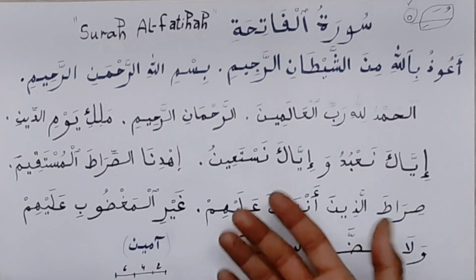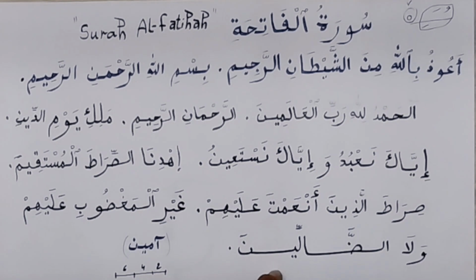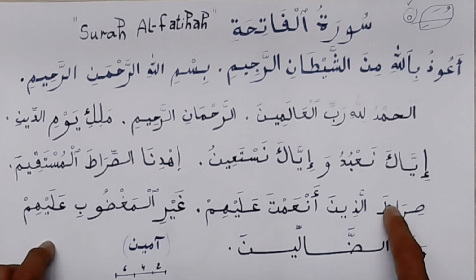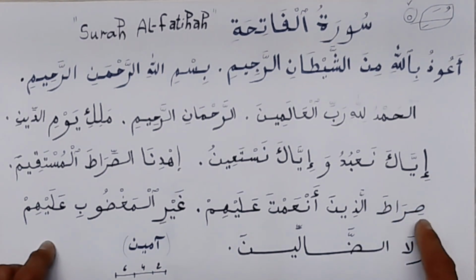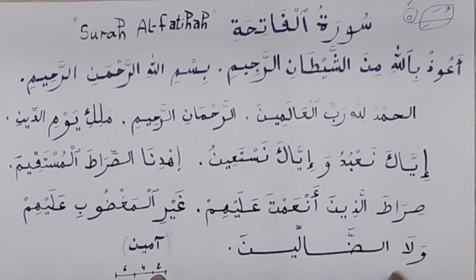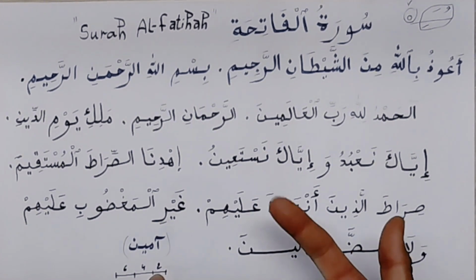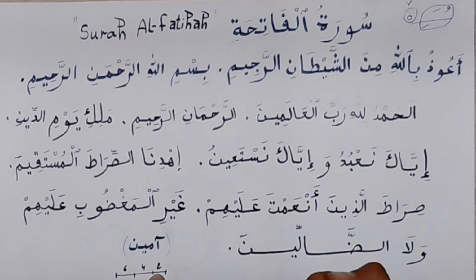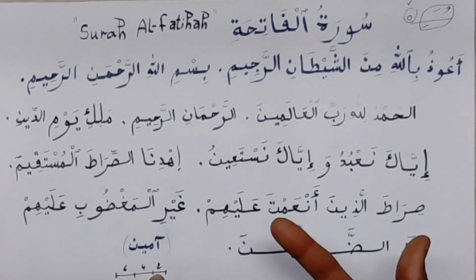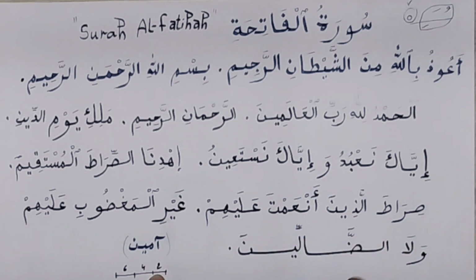For example, sirata, the ra, this is mad. This is mad tabi'i, it's natural. We don't say sirata, we say sira. So it has just 2. Ladina, ladhi, the.